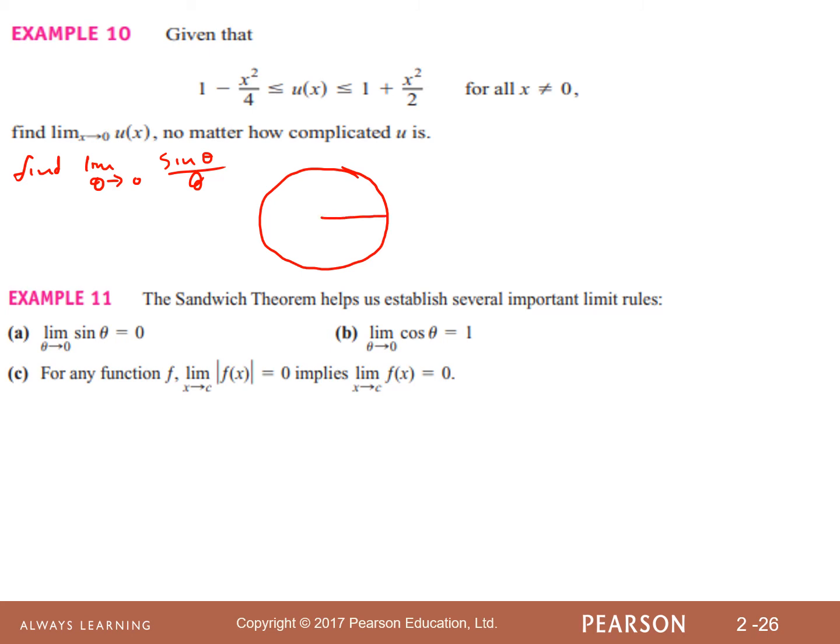Say that the radius is equal to 1. So this radius is equal to 1. I'm going to draw this one over here. So this is a triangle inside.